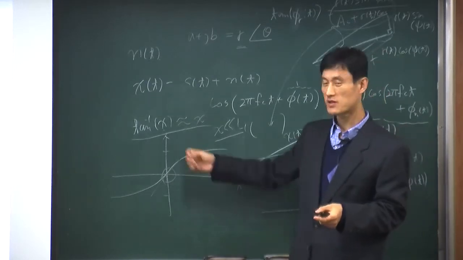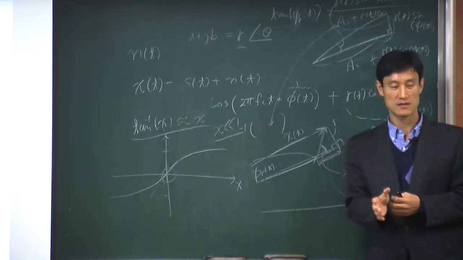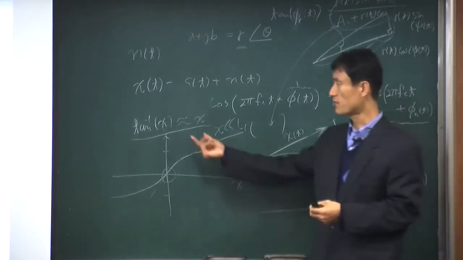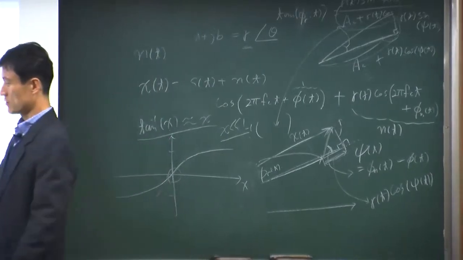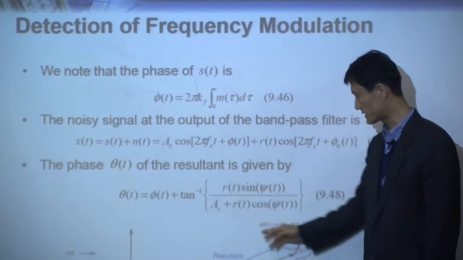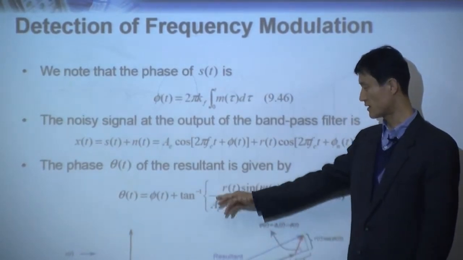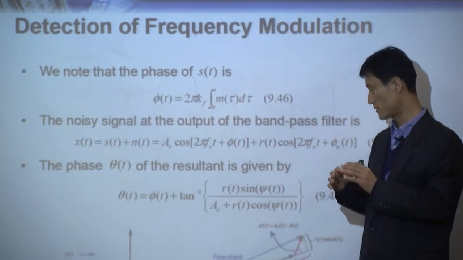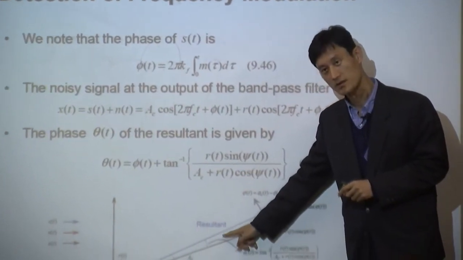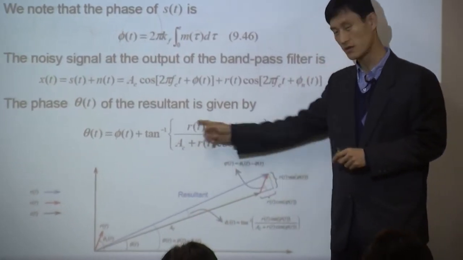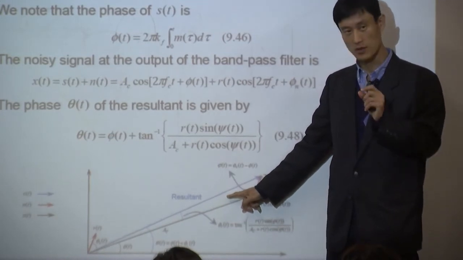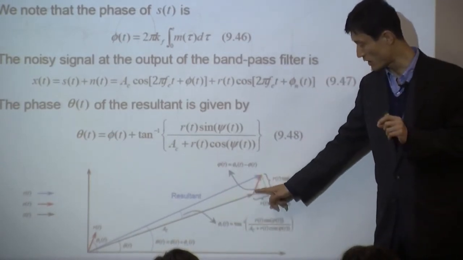We can do a similar thing for sine: sine x is simply approximated as x when x is small. Same for tangent and arctangent. So in the arctangent x, this x is pretty small. Why? Because this is this angle right here, and this angle is actually pretty small, because the noise has small amplitude.